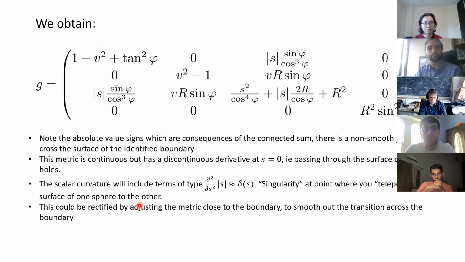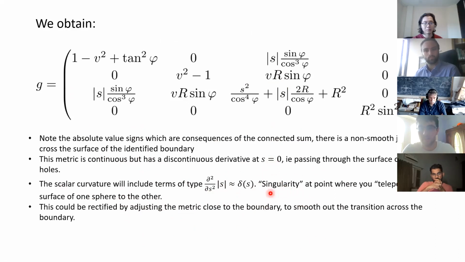And so one thing you could draw from this is that the scalar curvature, for example, which will include terms with second derivatives of all the metric components, will have terms of this type, the second derivative of an absolute value function, which is roughly speaking a delta function. So there will be delta functions in the scalar curvature.